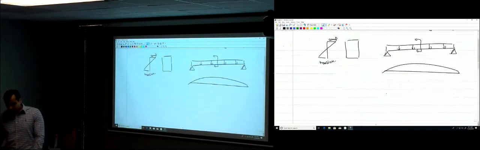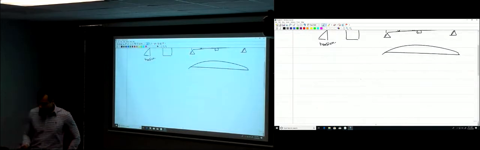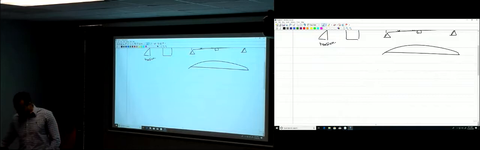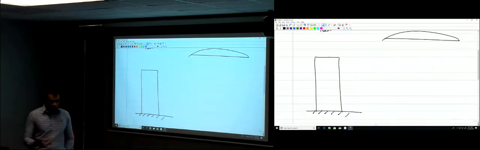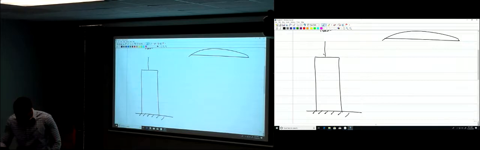So now, let's see when you have both acting together, the bending moment and the compression force. Let's say this is a column, and there is a compression force P acting on this column.